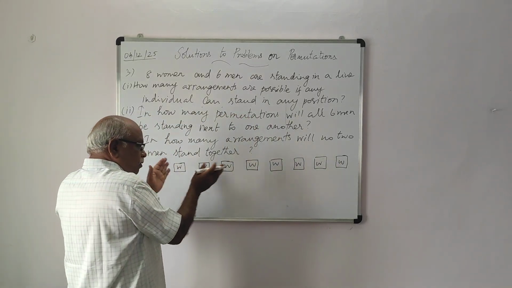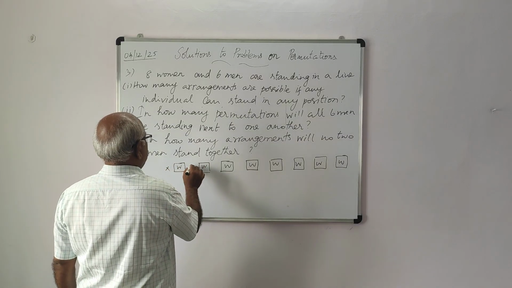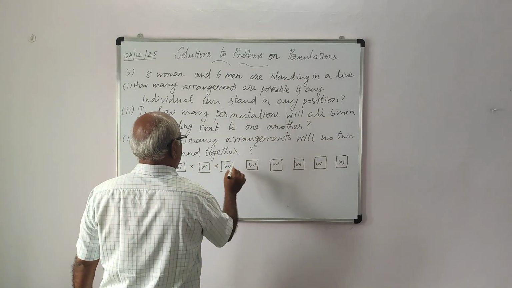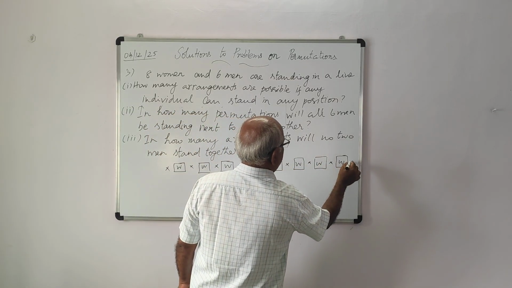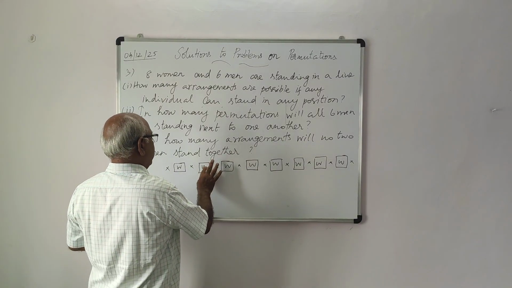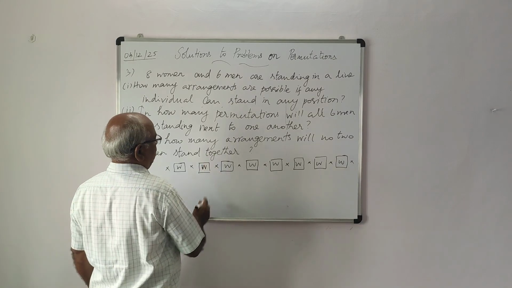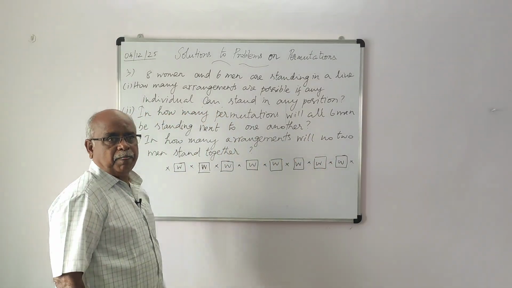Between the women there is a gap, because no two men stand together. Therefore 1, 2, 3, 4, 5, 6, 7, 8, 9 places are there, in between the women. There are 9 places. In these 9 places, 6 men should be arranged.